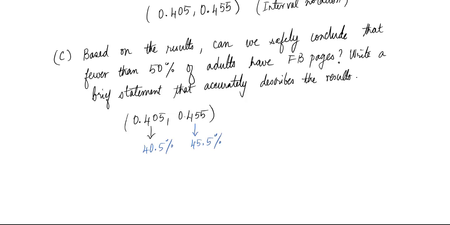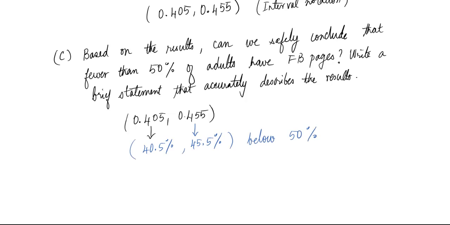So your p lies in this interval, and your 50 is far away. Your p is going to lie in here with 95% confidence. So that means this is below the 50% mark. So it's fewer than 50%.